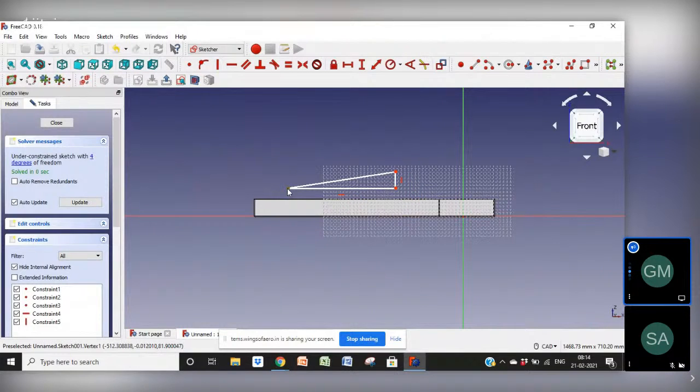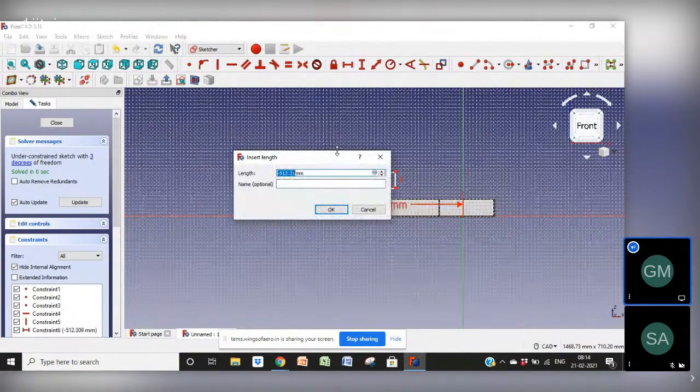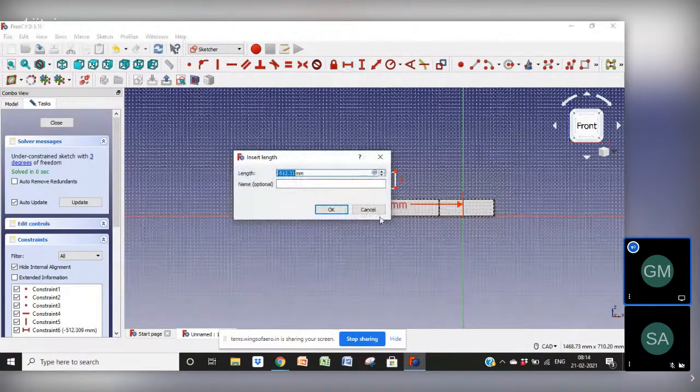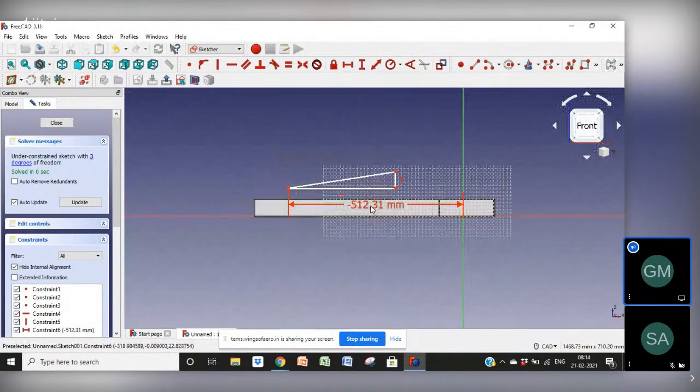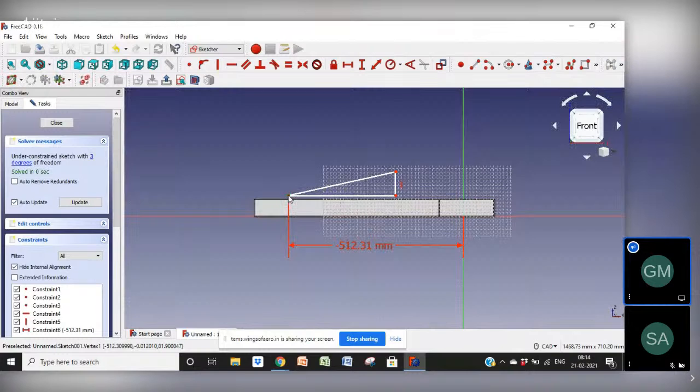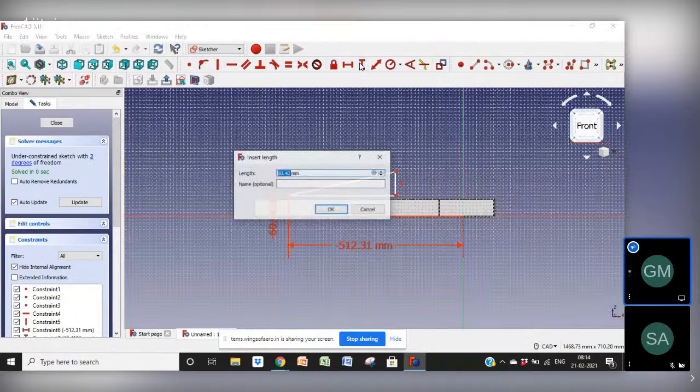Now taking this vertical distance, I'm sorry, horizontal distance, taking a vertical distance would be 50.